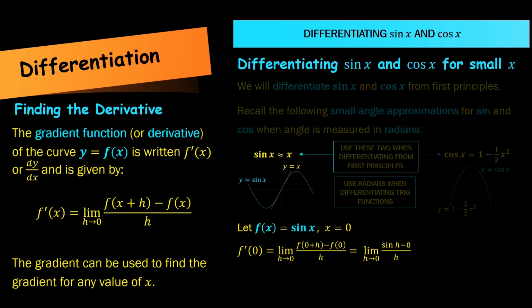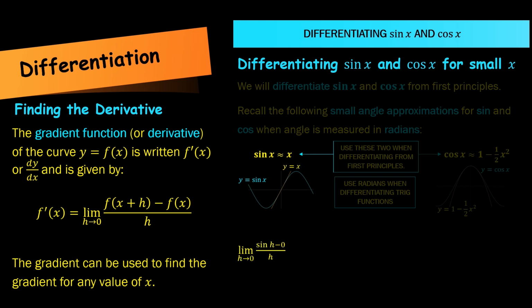So we have f of x equals sin x and f dash of 0 equals the limit as h tends to 0 of f of 0 plus h, which is sin h, minus f of 0, which is 0 because sin 0 is 0, all over h. We will now work with the limit as h tends to 0 of sin h minus 0 all over h.